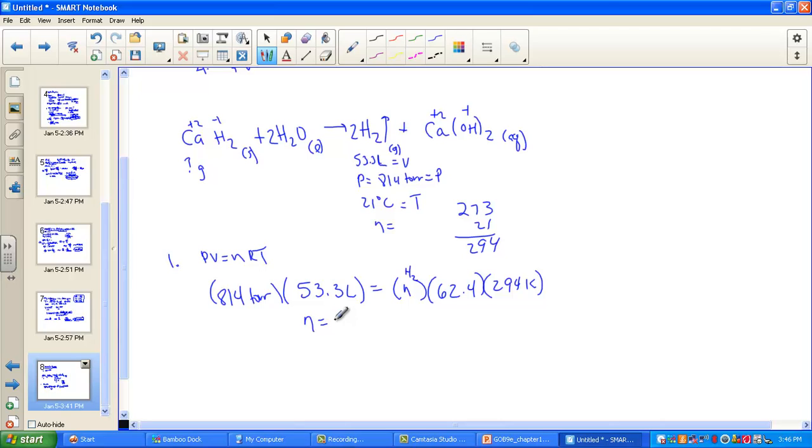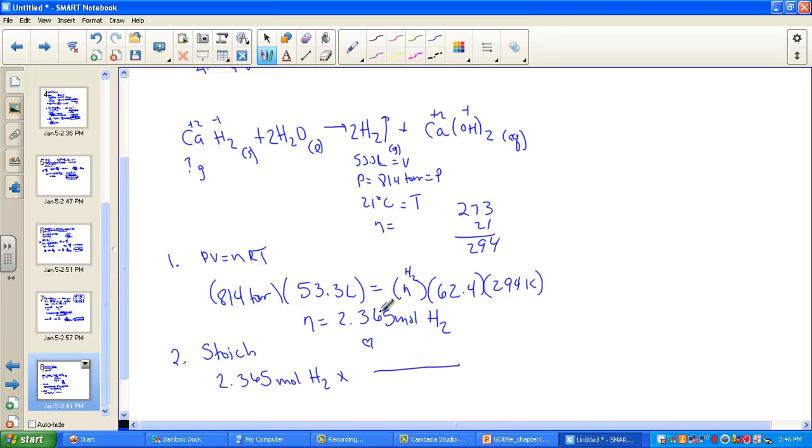So let me grab my calculator and hit with me, please. 814 times 53.3 divided by 62.4 divided by 294 Kelvin units. And the number of moles here comes out to be 2.365 moles of hydrogen.